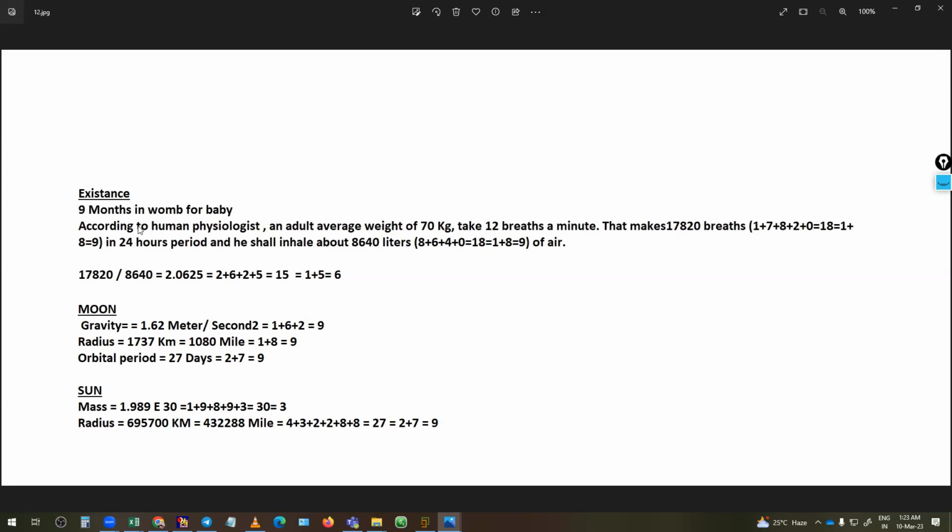So everywhere in nature, you will see these numbers repeating: 6, 3, and 9.